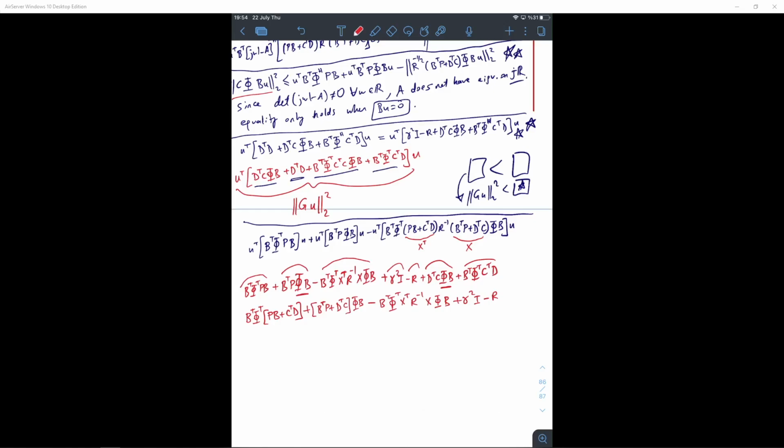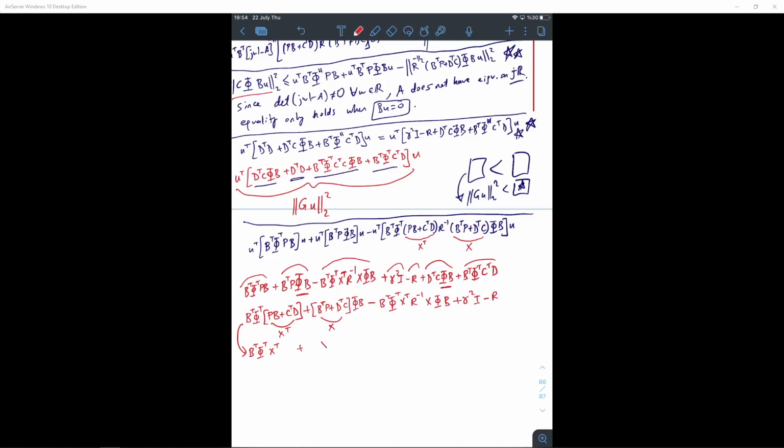Notice this is X transpose, and this is X. I'm just going to write this again: B transpose phi transpose X transpose, and I'm going to leave a little space here and explain later why I did that.